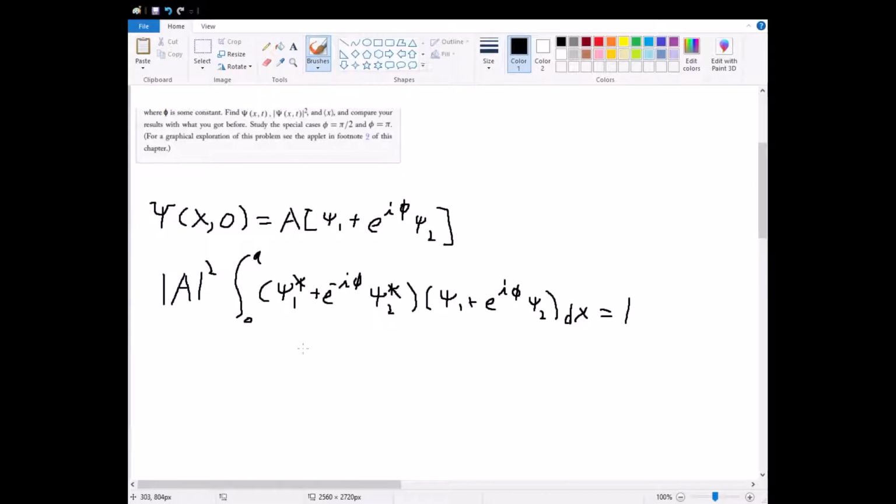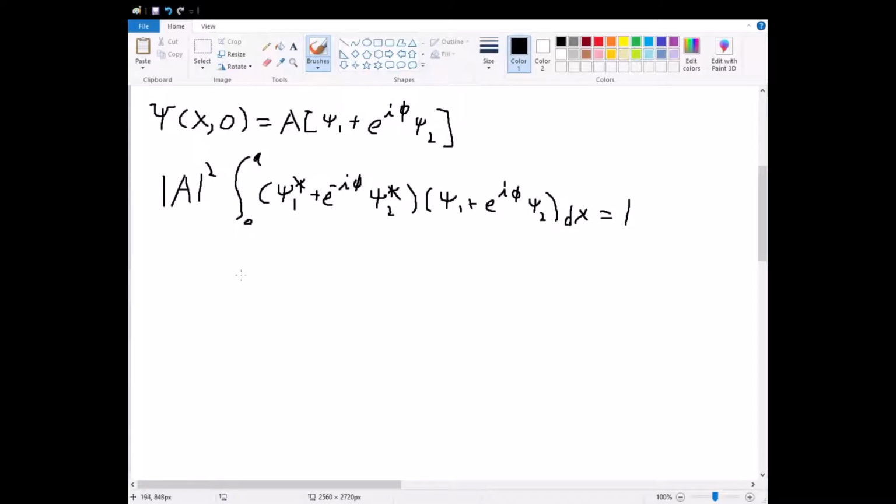Okay, so let's do the distribution that we always do. This is going to be an integral from 0 to a of the magnitude of psi 1 squared, because psi 1 star times psi 1, plus e to the i phi psi 1 star times psi 2, plus e to the negative i phi psi 2 star times psi 1.